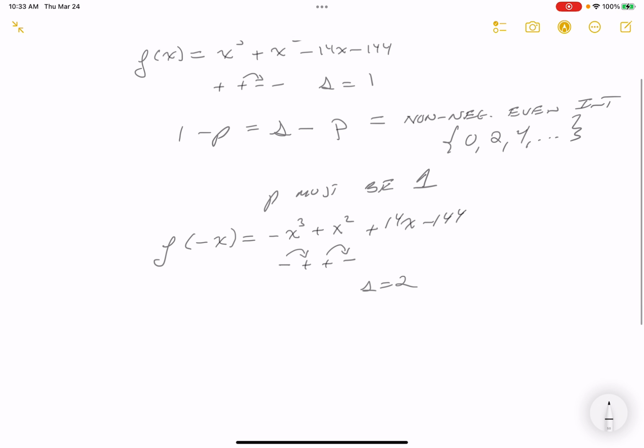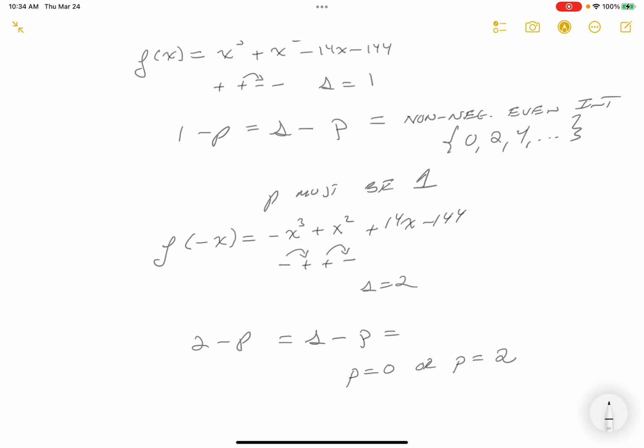Let's keep going. So now S minus P, and remember S is 2, must be a non-negative even integer. So P could be 0, or P could be 2. I know that's not conclusive, but that's what we have at this point, all right?